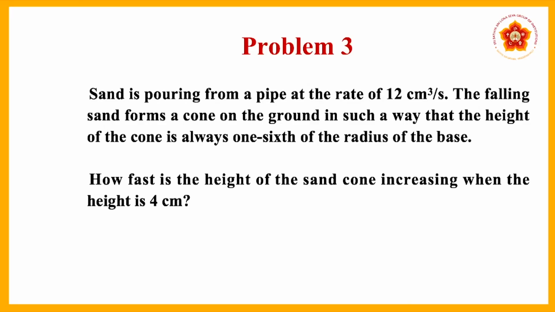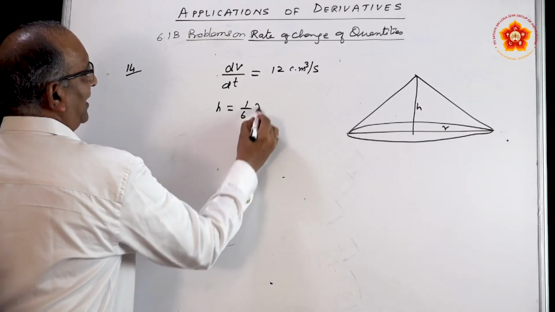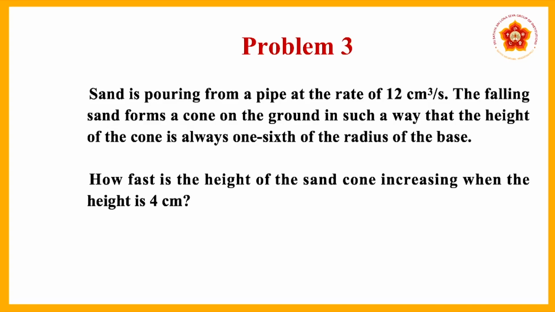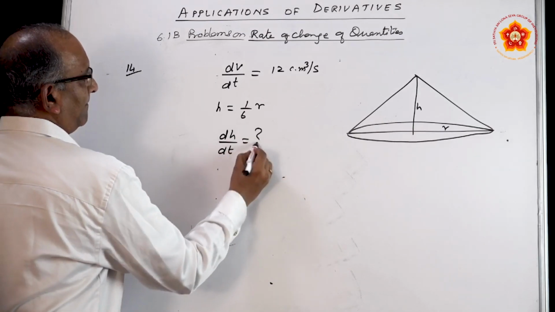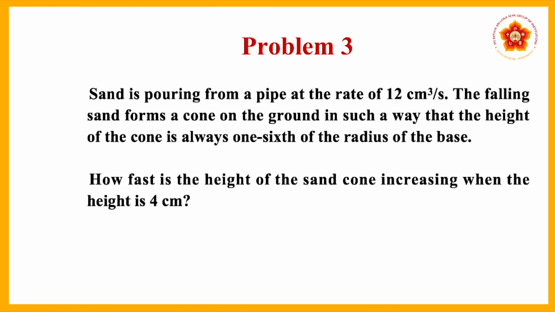He says the height of the cone is always 1/6 of the radius of the base. h is equal to 1 by 6 r. The height is 1/6 of r, meaning radius is more, height is less. He says how fast is the height of the sand cone increasing? He wants to find out dh by dt when h is equal to 4.